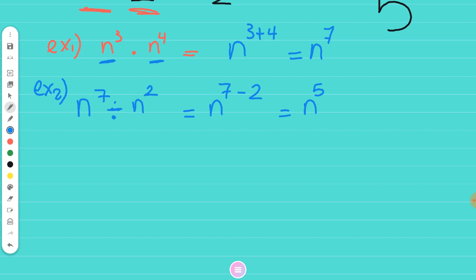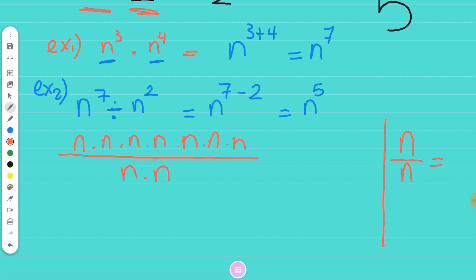How do we get it? Okay, we can make it like this. n to the power 7 means n times n times n times n, actually 7 n's, over how many n's there? 2. n times n. We have a fact saying that n divided by n equals what?